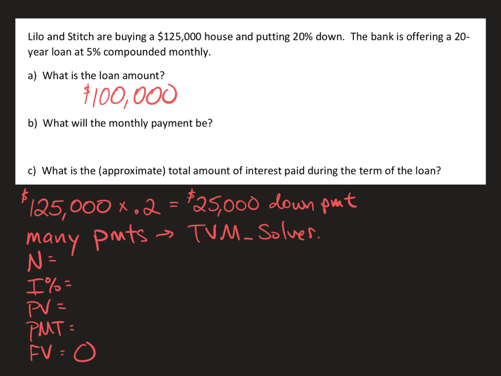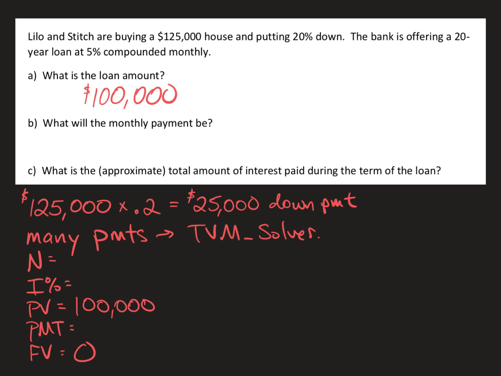Now the present value of the loan, I want to point out here, is $100,000, the loan amount. They don't need to borrow $125,000 because they put some money down. They're only borrowing $100,000. So that will be the present value.